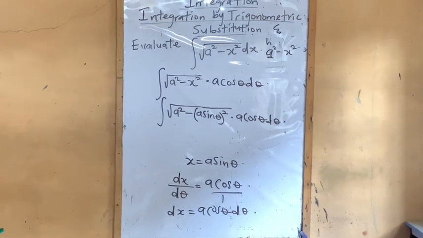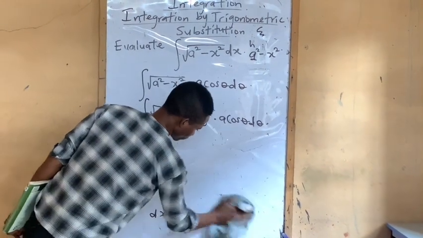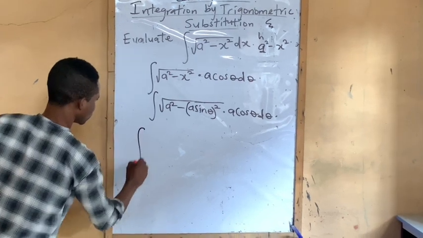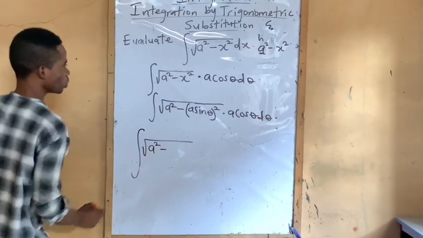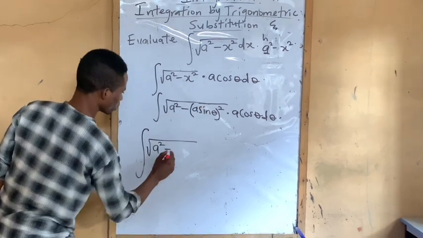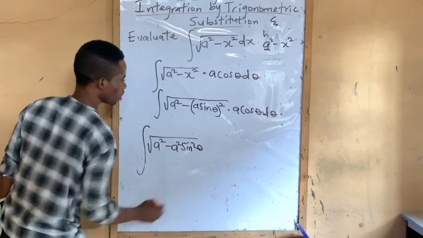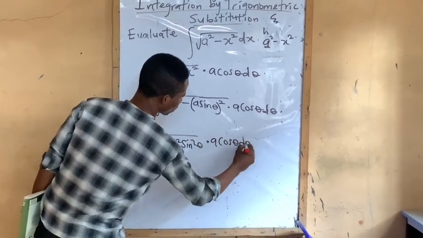So the next thing now is, after I've done that, I just say integral of square root of A squared minus A squared sin squared theta multiplied by A cos theta d theta.